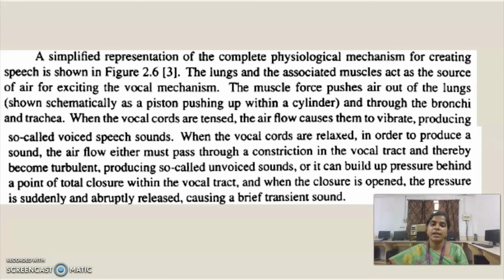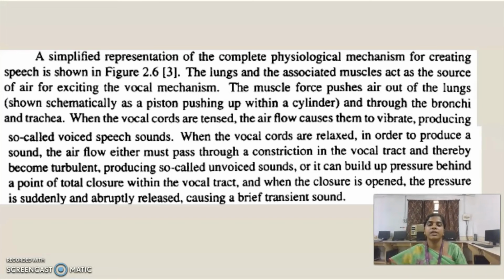So we see that all the muscles associated with the lungs act as a source for the vocal mechanism, and the muscle force pushes air out of the lungs. When the vocal cords are tensed, the airflow causes them to vibrate. When the vocal cords are relaxed, the air travels through a constriction in the vocal tract, and thereby some turbulent sounds are also produced.